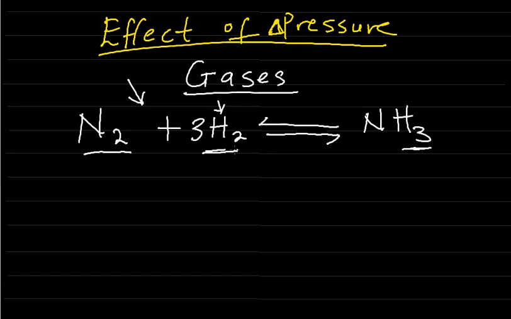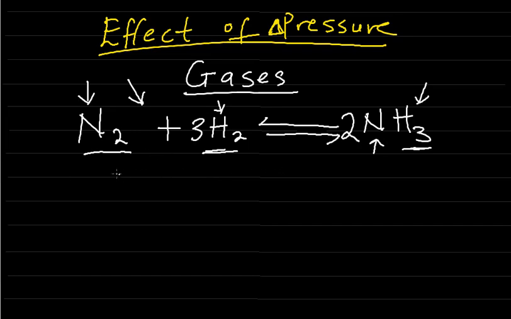And at this side I'm having three atoms of hydrogen, so to balance that, I have to put two here. So that's six atoms of hydrogen at both sides, so the equation is balanced. Then I'm having two atoms of nitrogen and two atoms of nitrogen, so it is balanced.